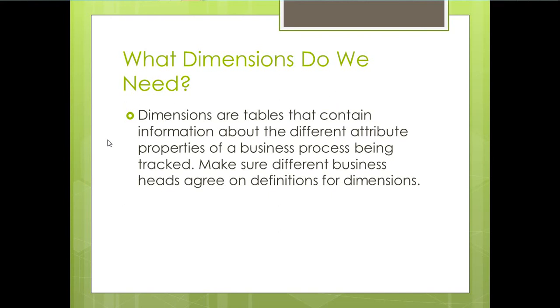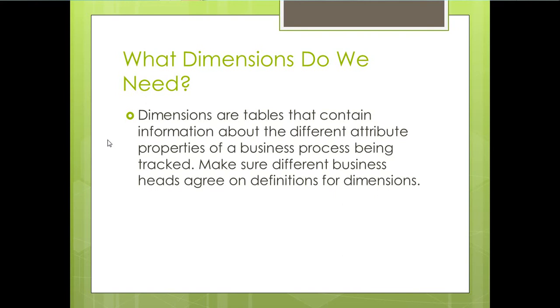However, when you're identifying these different objects that are involved within a business process, that you're going to contain information about, you have to make sure that the different departments that will be looking at this information agree on the definitions.